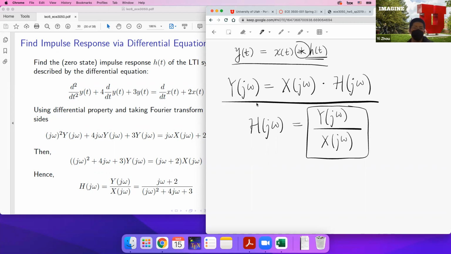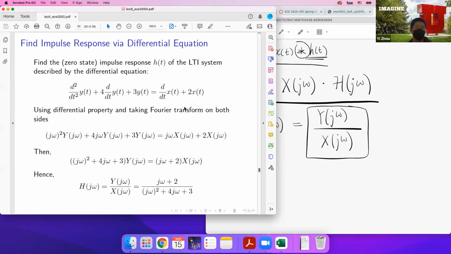So the question is, how do we obtain such a spectrum ratio from this system equation? It turns out that if we transform this into the frequency domain, it will be much easier. So we directly take the Fourier transform on both sides of this system equation, leveraging the differentiation property of the Fourier transform.